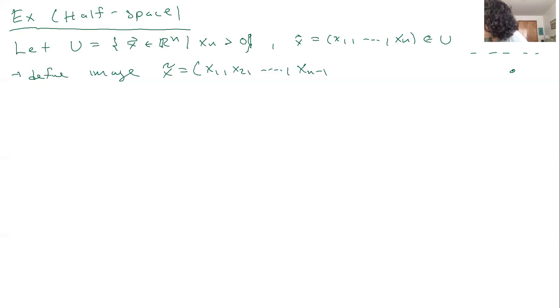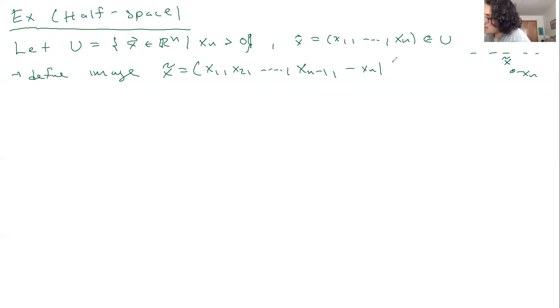So if I have a value of xn attached to my x value up here, then my x tilde value should have a corresponding negative xn value.